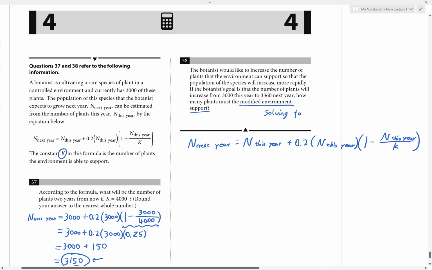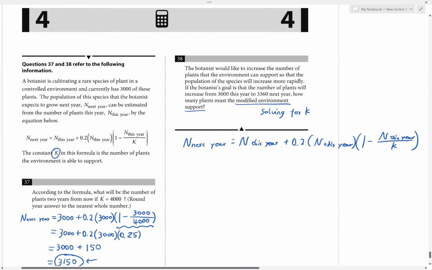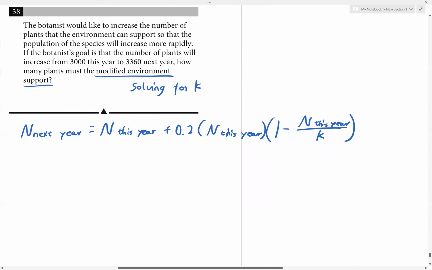We're solving for K, and we should know the N this year and N last year, because we want to start with 3,000, so that'll be N this year, and then 3,360 is the number for next year that we want. So we have both of these numbers. We can plug them into the formula, and then we're going to solve for K. So N last year is 3,360.